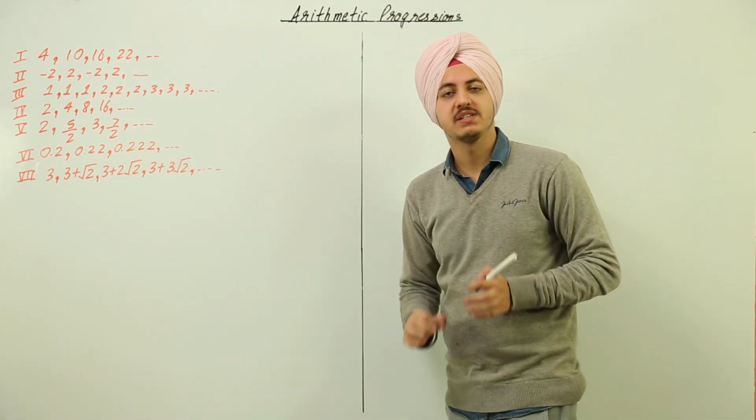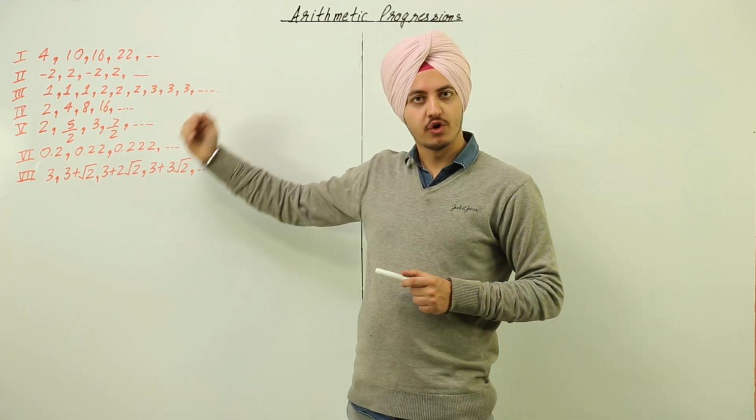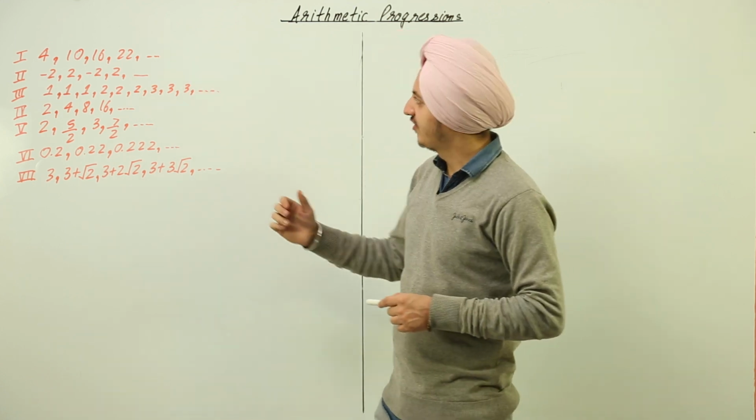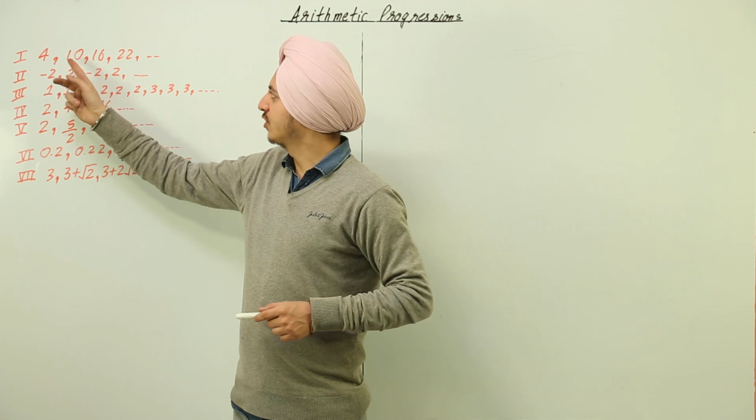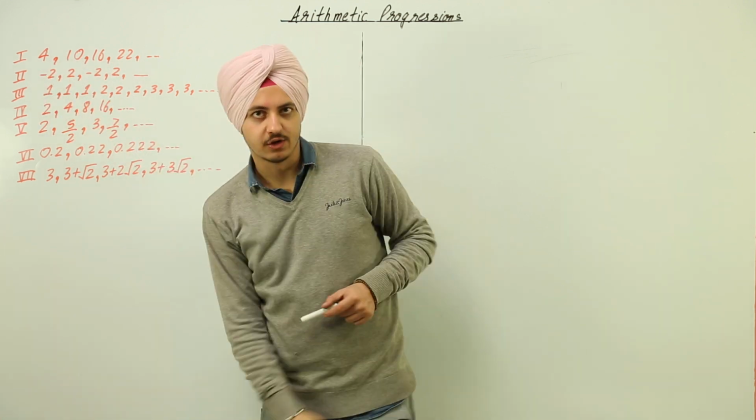Now in your book it is mentioned that the way to find out if this is an AP or not is to first subtract: A2 minus A1 and then A3 minus A2.